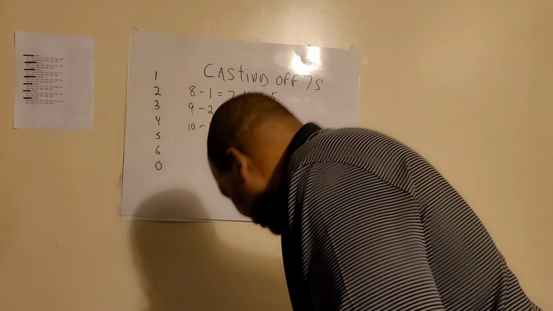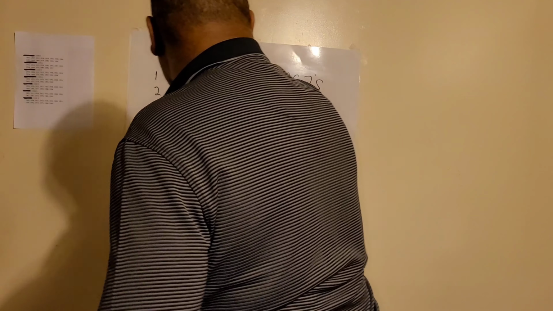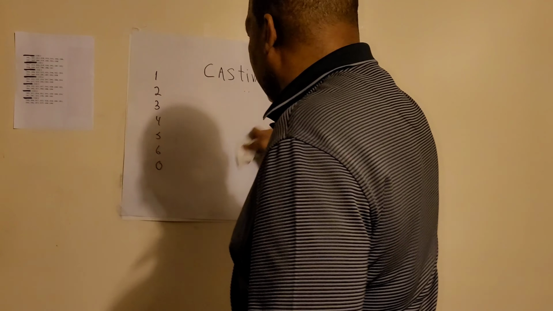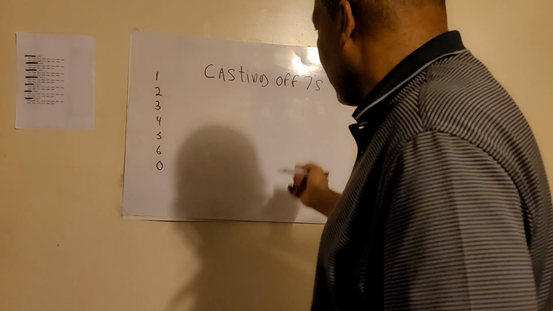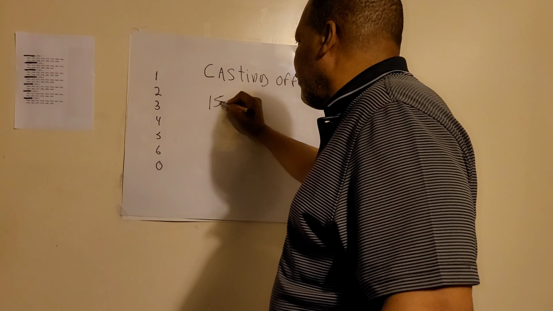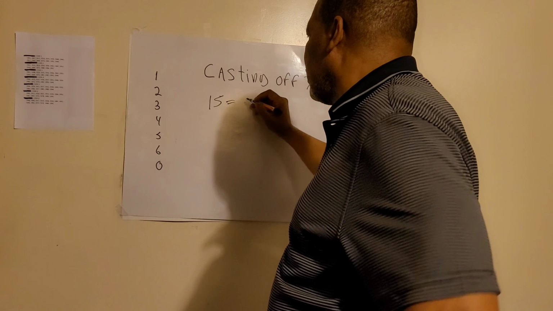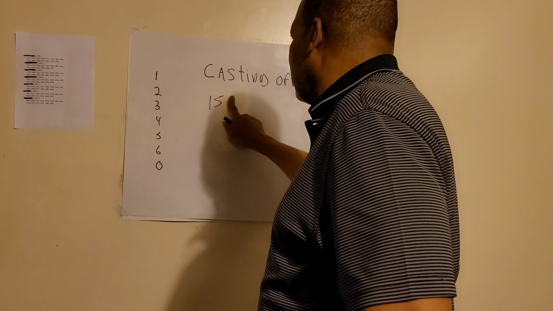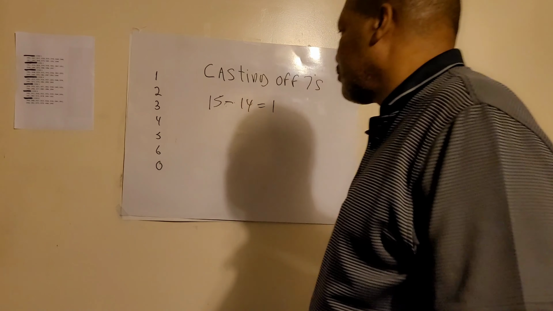If you have numbers in the teens, all right? See how that looks. If you've got 15, if you minus 14, of course, okay? So let's do it this way. Minus the 14, that equals 1, all right?